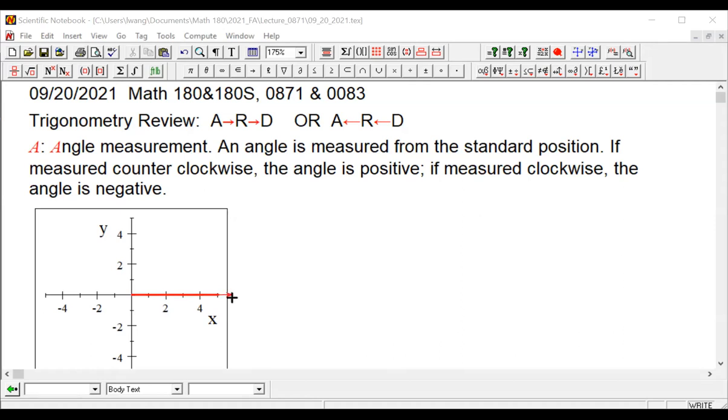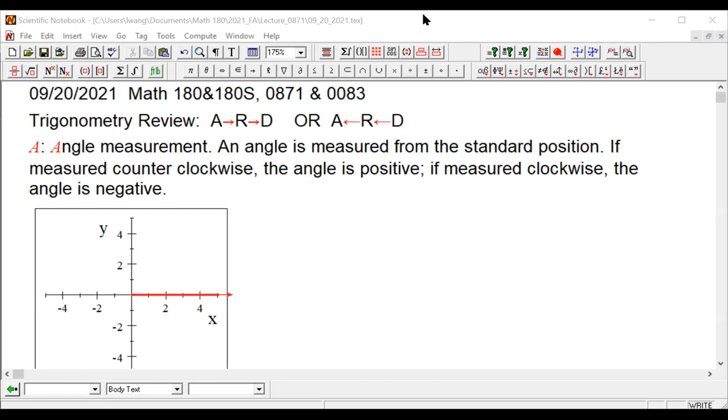All the inputs for the six trig functions, sine, cosine, tangent, cotangent, secant, cosecant, which are angles, are all measured from standard position. So that's what I meant.